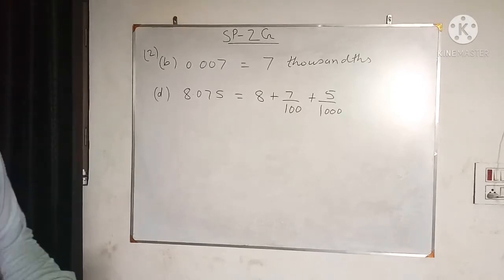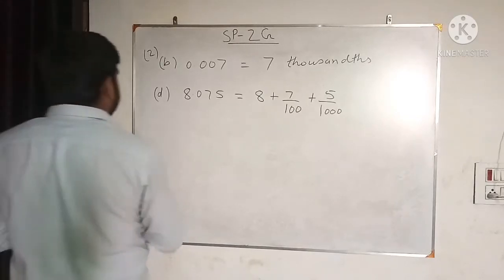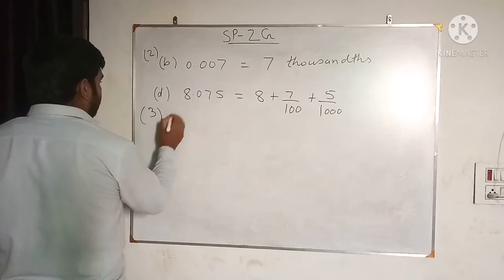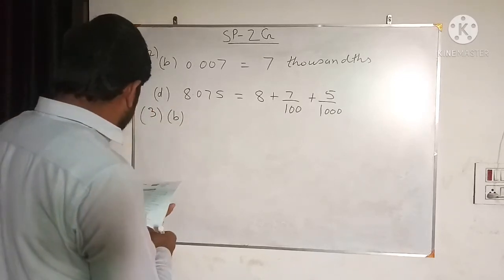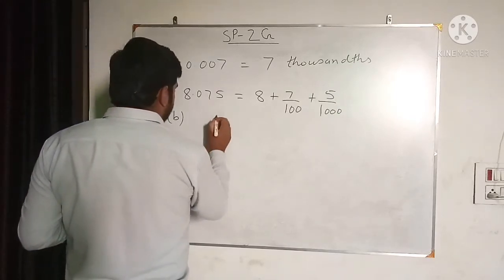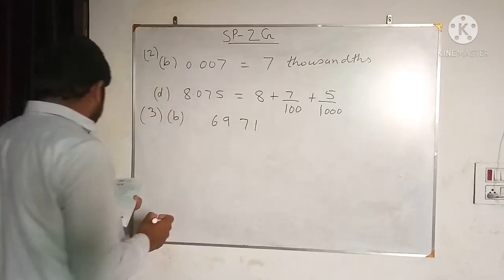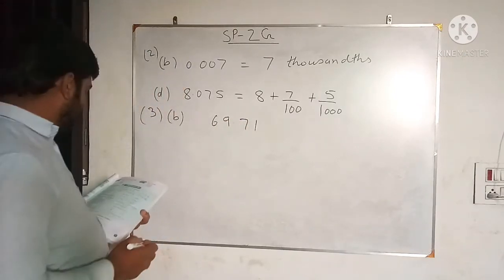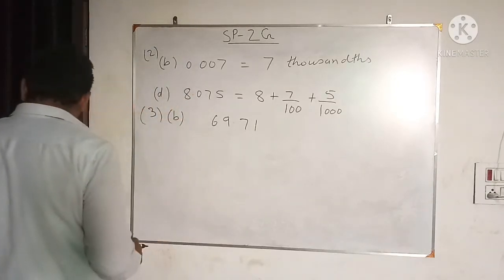Now we move to the next question. Question number 3, 3b. Now see in the 3b, state the value of 7 in 69.71. So we have to find the value of 7. What is the value of 7? Place value. Okay.